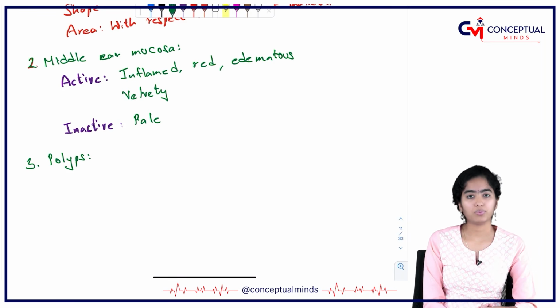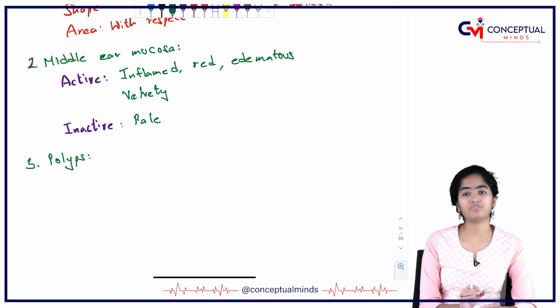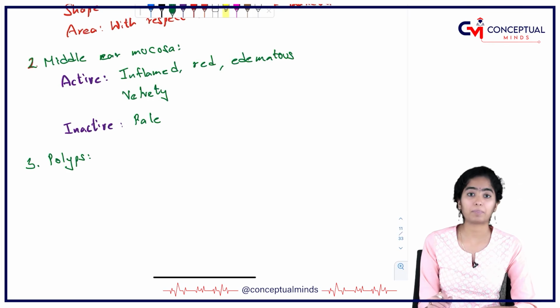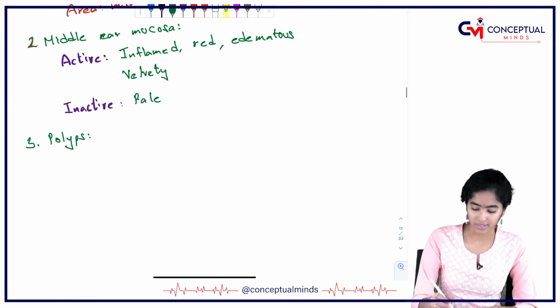Polyps could be found in the middle ear. What is a polyp? It is an edematous and inflamed mucosa that protrudes through the perforation and presents in the external canal as a polyp. I'll write that down for you.